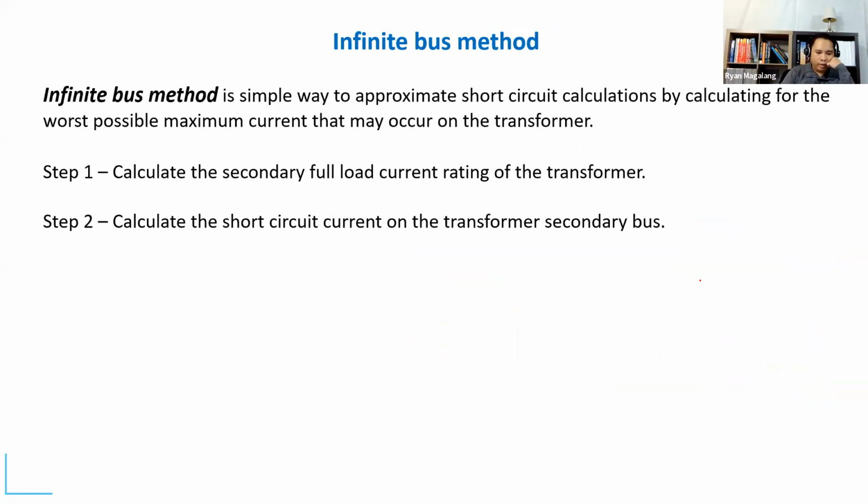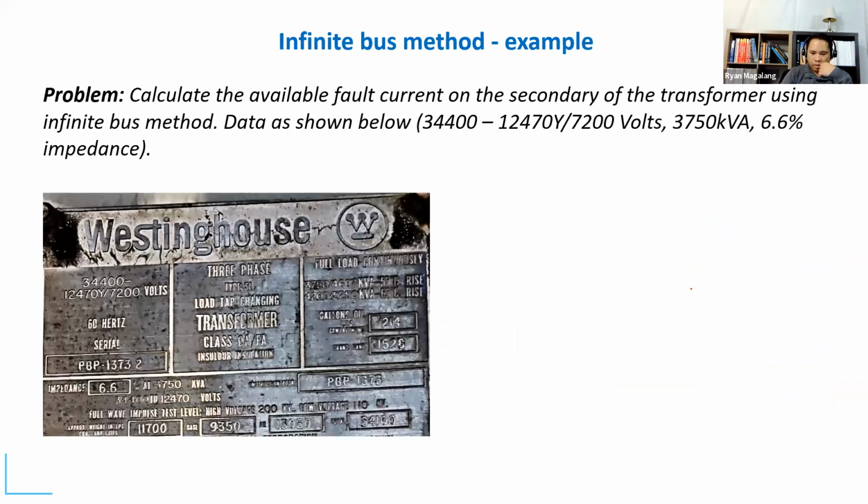So here's an example of the infinite bus method. Here we'd like to calculate the available fault current at the secondary of the transformer using the infinite bus method. And here is the data of the transformer.